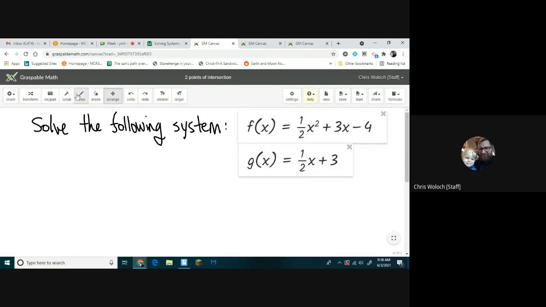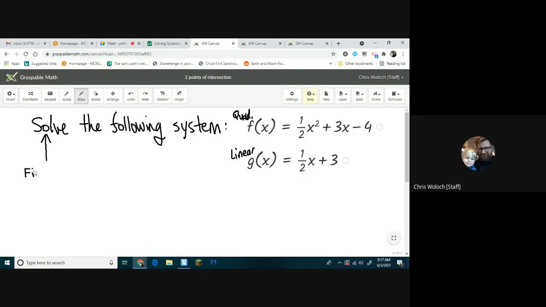So again, we have f of x and g of x. This one is a quadratic. This one is linear. Generally, when we have to solve a system, what does solve mean?